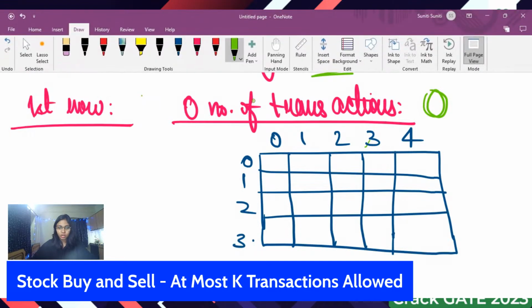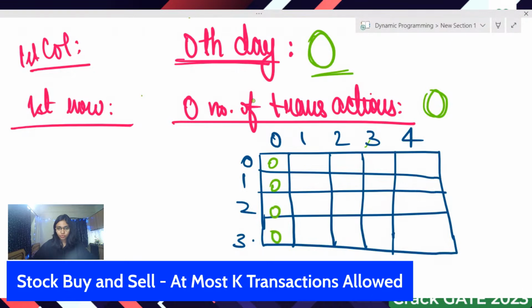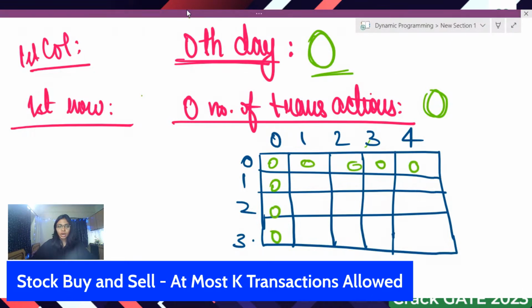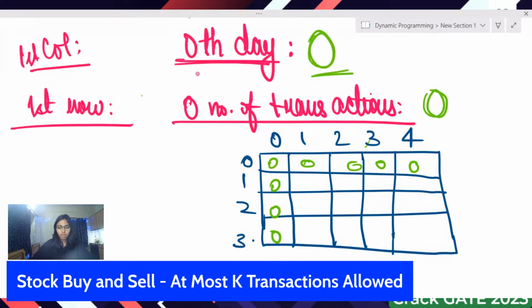So we are already clear about that. We are going to fill this with 0. Now let us say what the value at this point will signify.